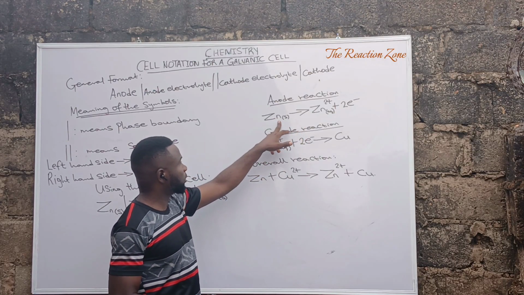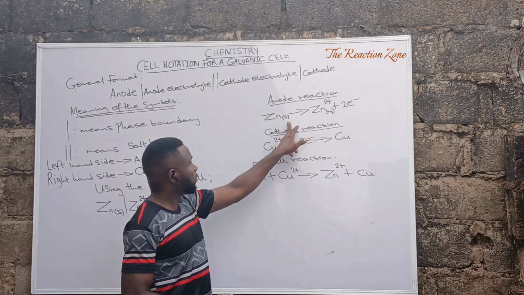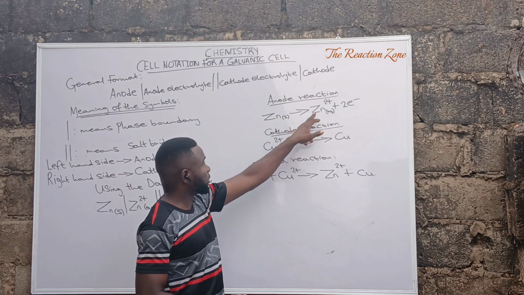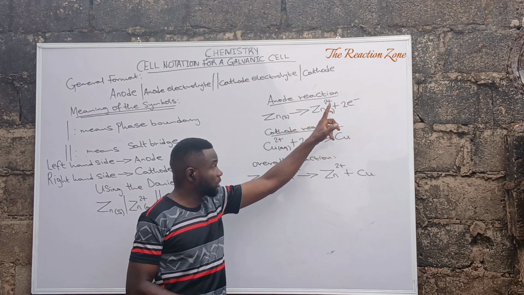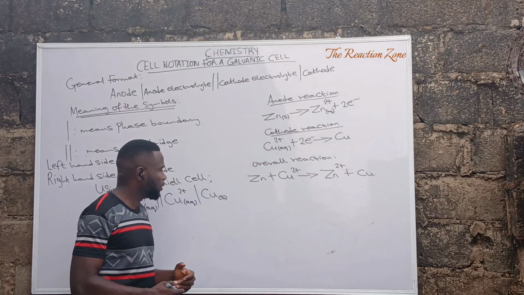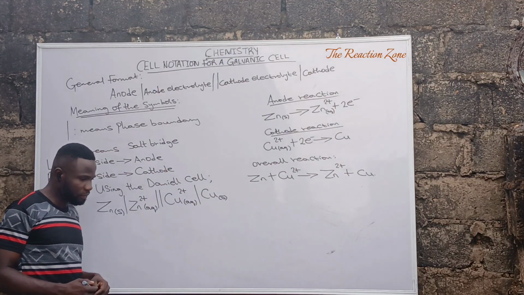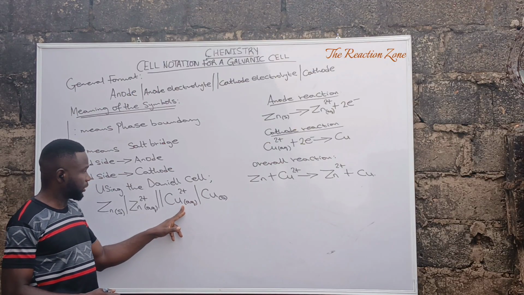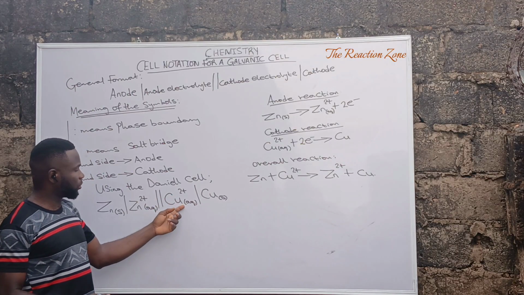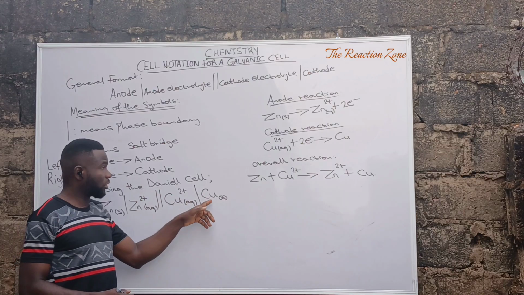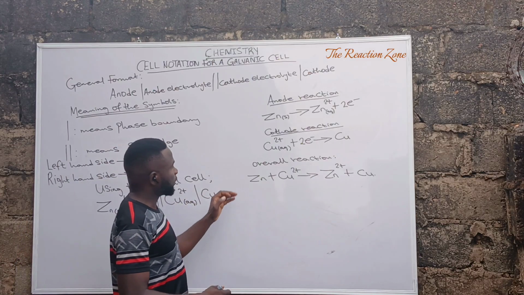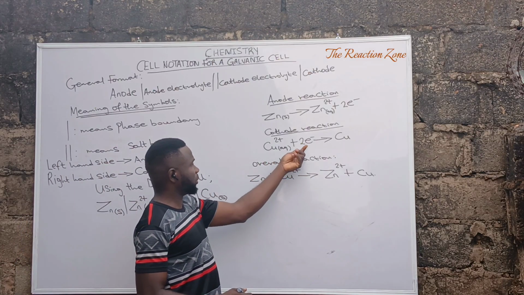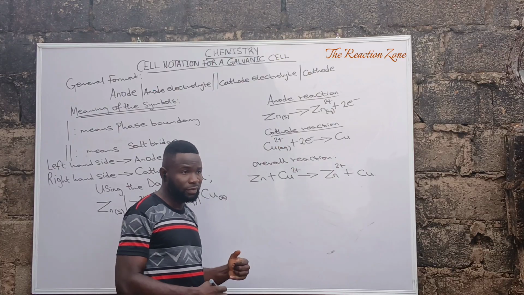That zinc atoms ionize and go into the solution as Zn2+, losing 2 electrons in the process. Now, at the cathode, Cu2+ ions from the electrolyte accept electrons to be deposited as what? Copper. So at the cathode, reduction takes place, and this is the reaction for that.